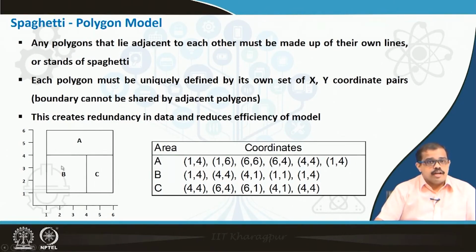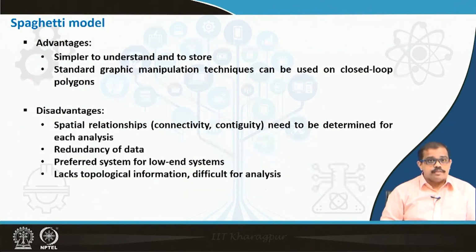Now, when you look at this line segment, 1, 4 is the starting point here. This is one point, then 2, 3, and this is the line. So this is how the polygon model is built.